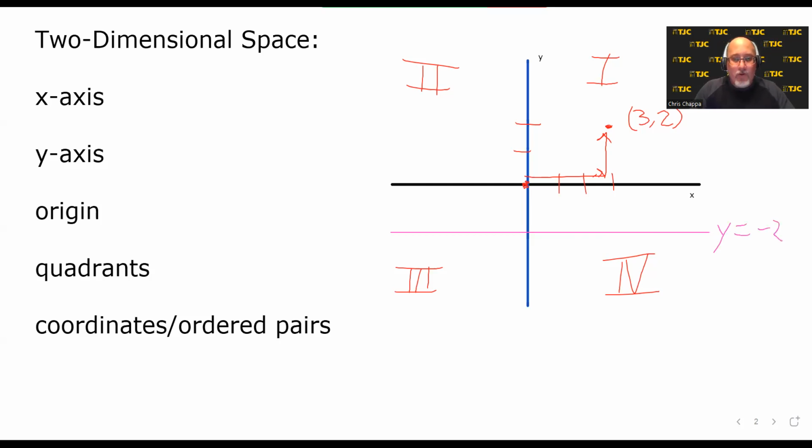Or if we had a vertical line, let's put a purple vertical line. In fact, let's drop it right through the point 3, 2. Then its equation would be something like x equals 3, because all the points on that vertical line have an x-coordinate of 3. In general, if you're parallel to the y-axis, your equation is x equals, and if you're parallel to the x-axis, your equation is y equals. So there's a little bit of a dichotomy there.